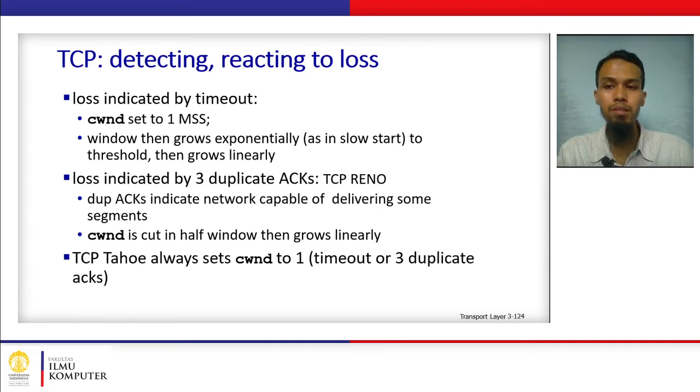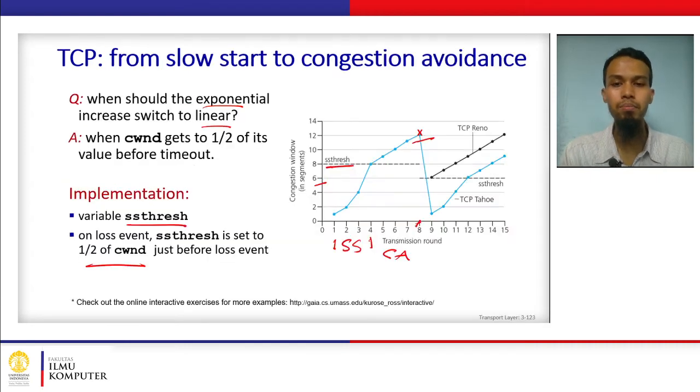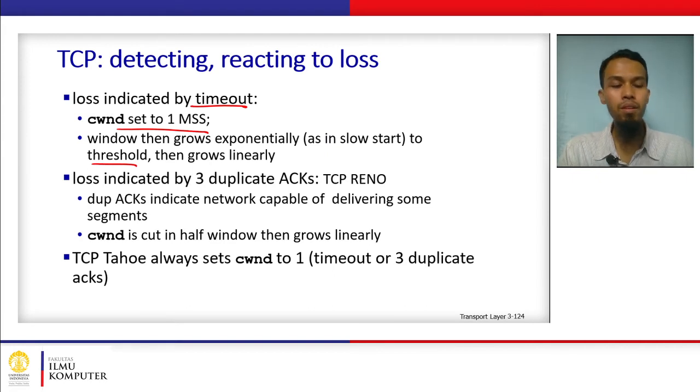For the loss indicated by timeout, the congestion window is set to 1 MSS. 1 MSS means that it starts again from one segment to be sent, and then the window grows exponentially as in slow start until it reaches the SS threshold, and then grows linearly. It means that we are entering the congestion avoidance state. This is in Tahoe and in TCP Reno.